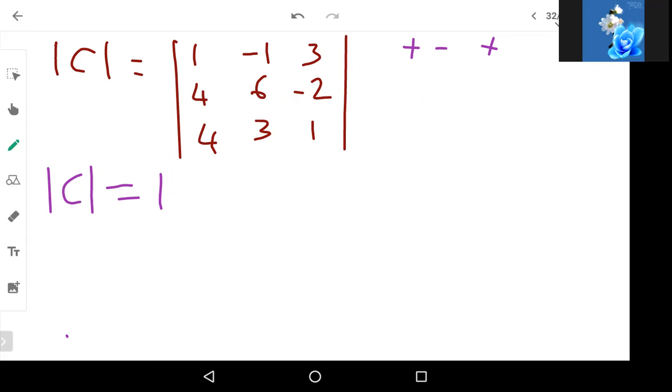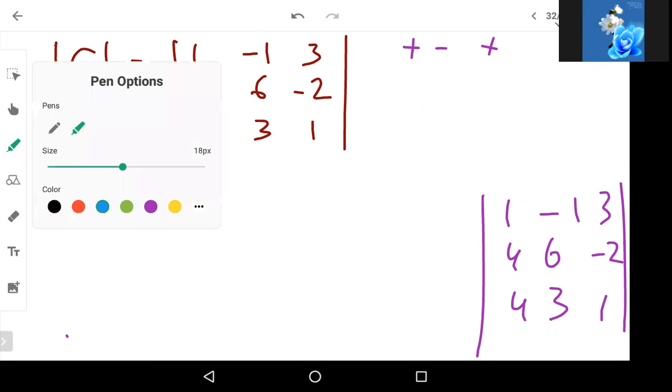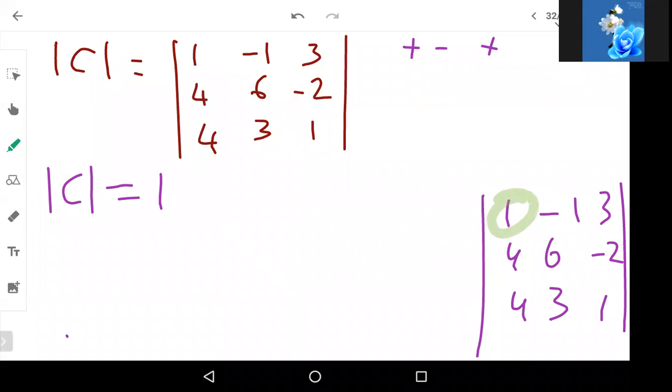Now since I am taking the first element here, let me rewrite it. 1 minus 1, 3, 4, 6 minus 2, 4, 3, 1. Okay. Since I am taking the element 1 here already, I have to leave the first row and also first column.